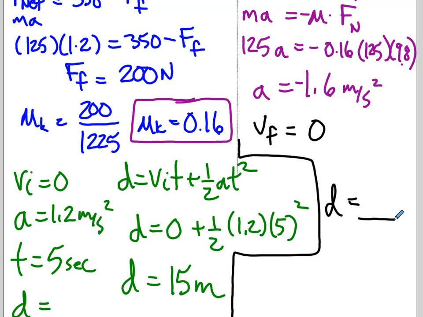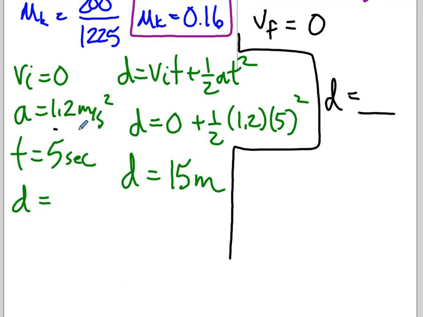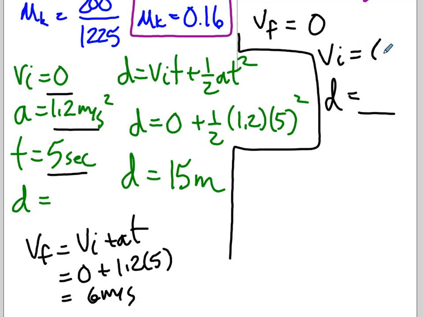Well, that might be where I can jump back to the question on this side and say, well, I knew the acceleration and I knew the time and I knew it started at 0. So if I had to, I could have just found VF over here. So 0 plus 1.2 times 5. That should be 6 meters per second, and that final value of the first part of the problem becomes the initial value of the second part of the problem.